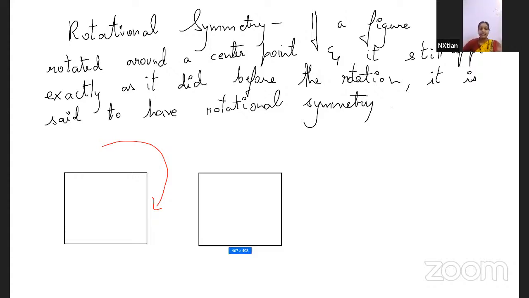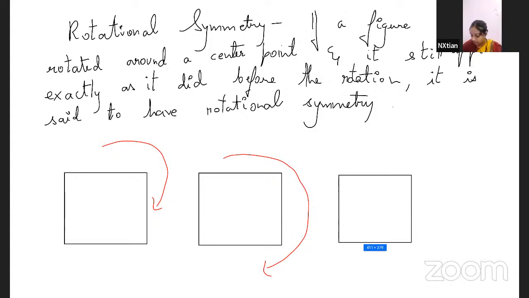It is rotated. Now, if I rotate it again like this, what happens? Again, I'll have the same shape.